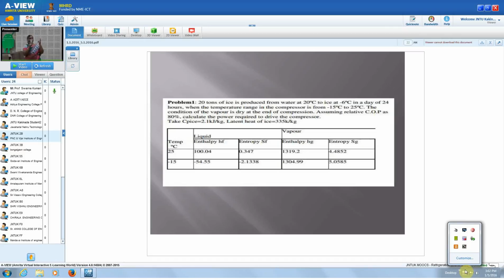Entropy at 2 is nothing but at 25 degrees centigrade the entropy of the vapor. So that is 4.4852. Okay. So which should be equated to find out the dryness fraction at 1. So the dryness fraction at 1 is at minus 15 degrees centigrade, SF plus X into SFG. Okay.